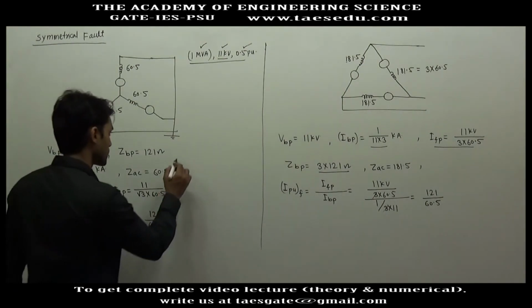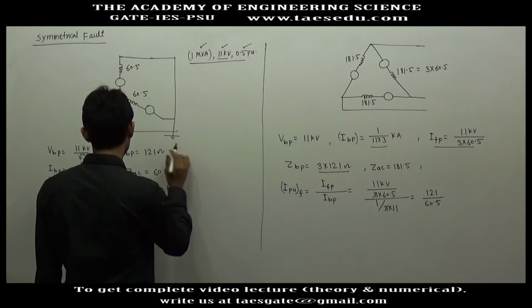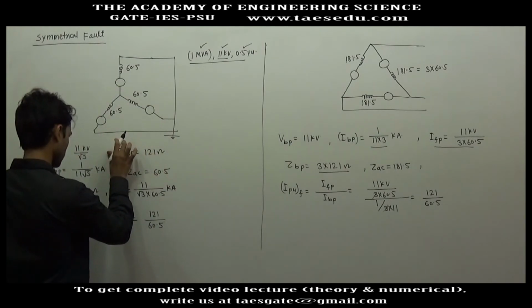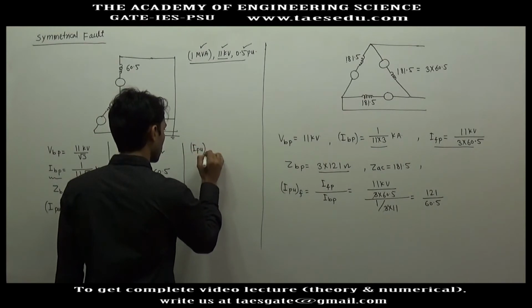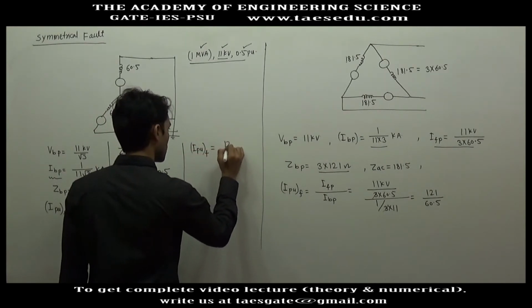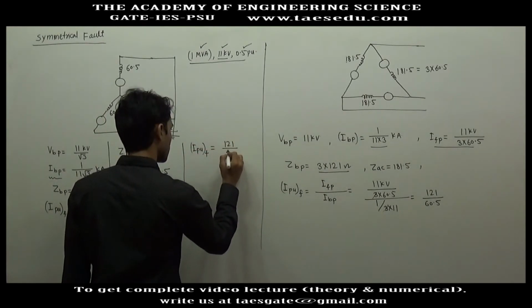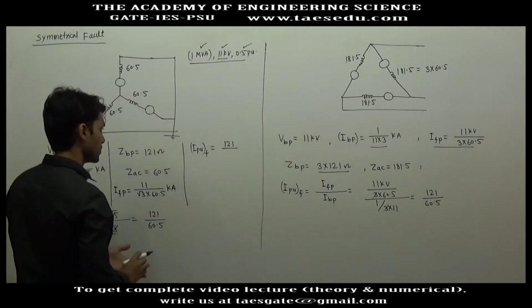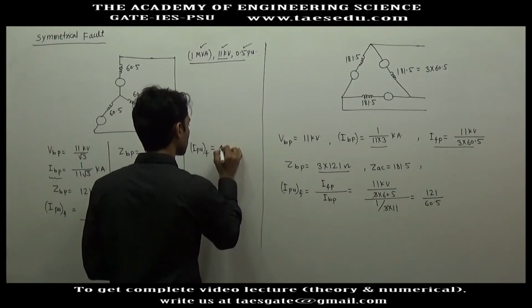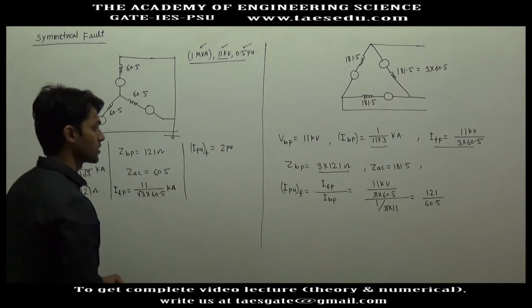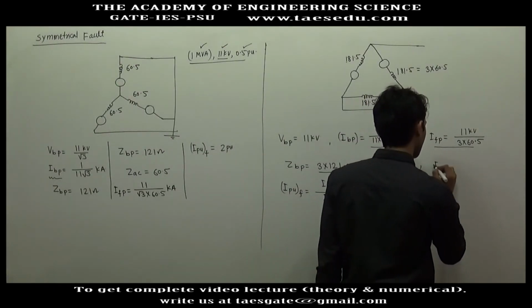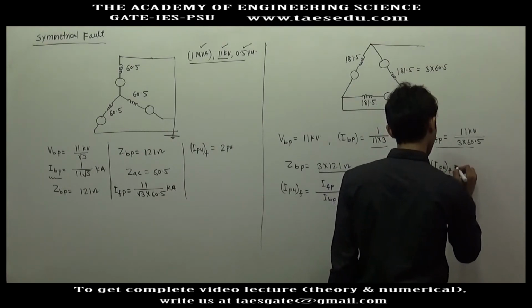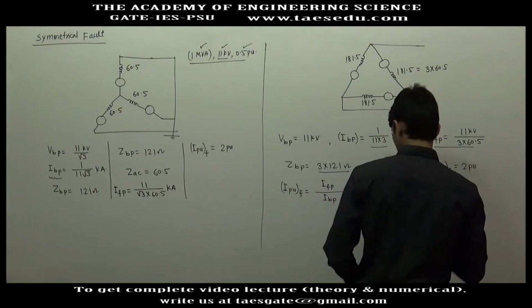Next, the PU value of fault current in phase is equal to 121 by 60.5, which gives you 2 PU, and here also the PU value of fault current in phase is 2 PU.